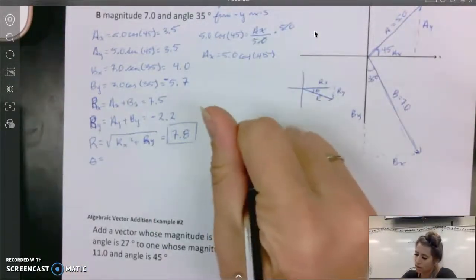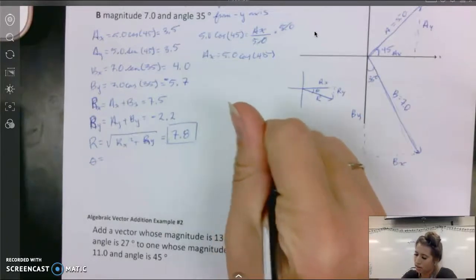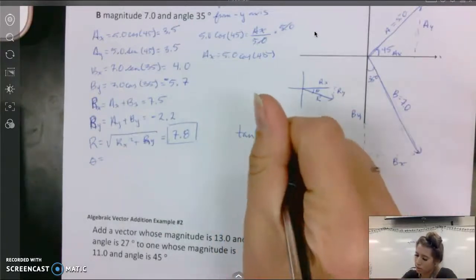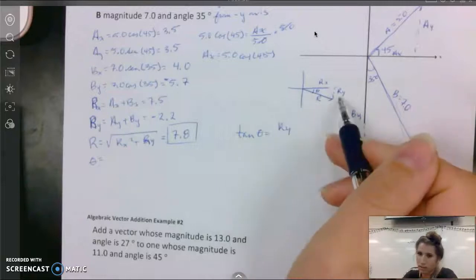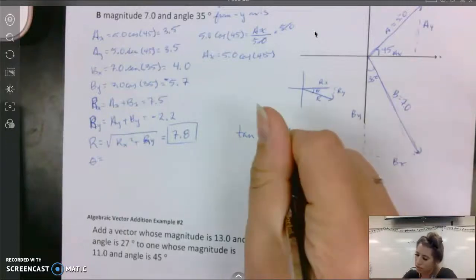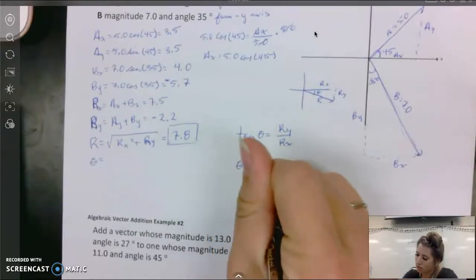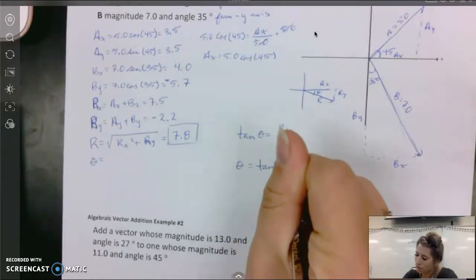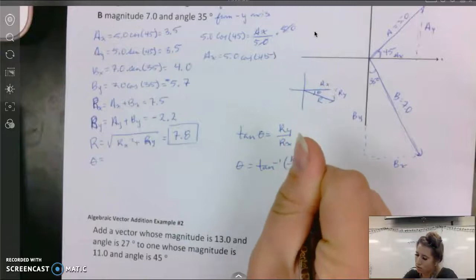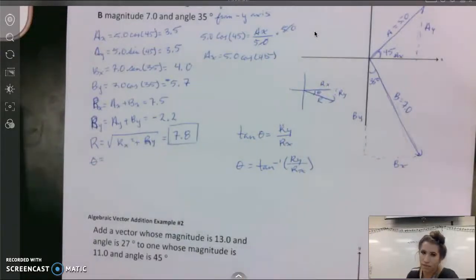Remember that tangent theta is equal to opposite, which is r sub y in this situation, over adjacent, which is r sub x. So theta will equal tan inverse of r sub y over r sub x.